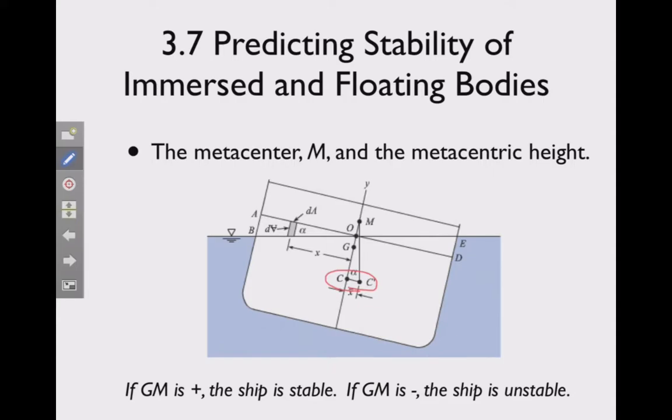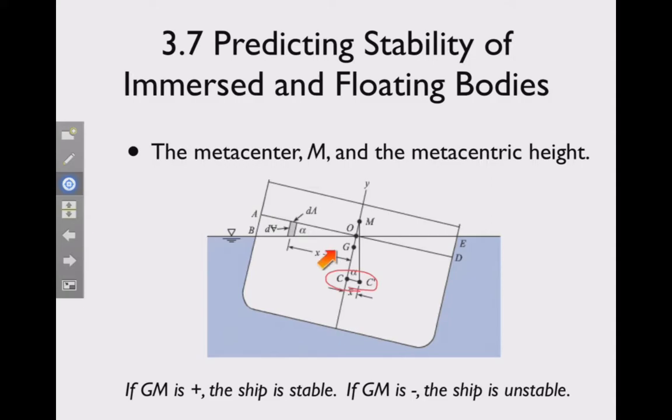You can see that we've got a nice right triangle there, C prime and M. Once we're able to find C prime, that will allow us, through some simple trigonometry, to find the height GM, which is what we want to determine.